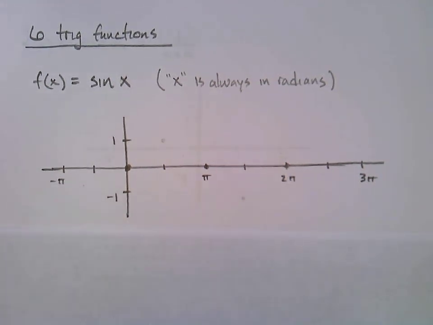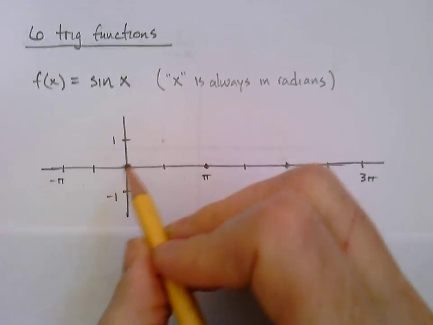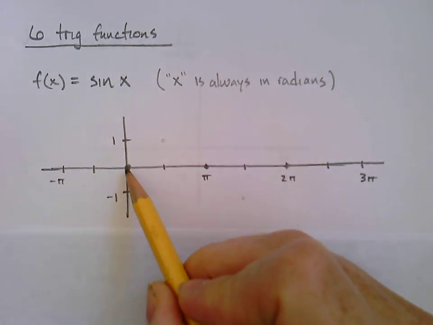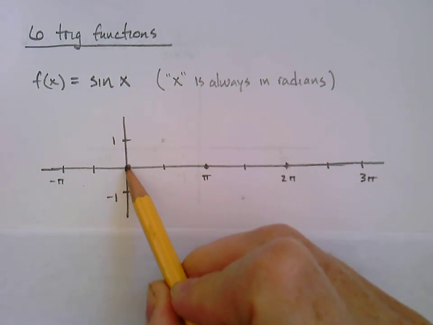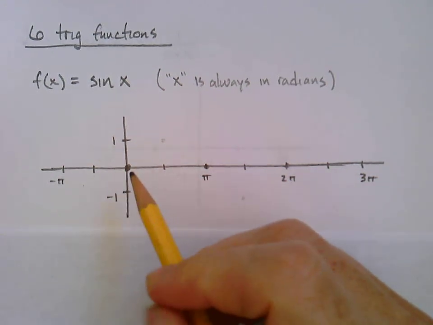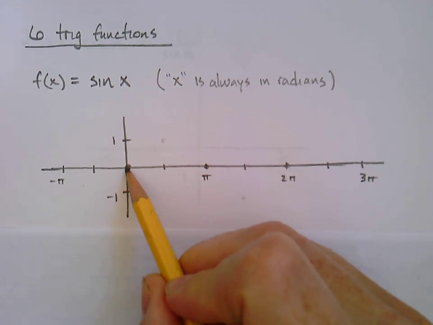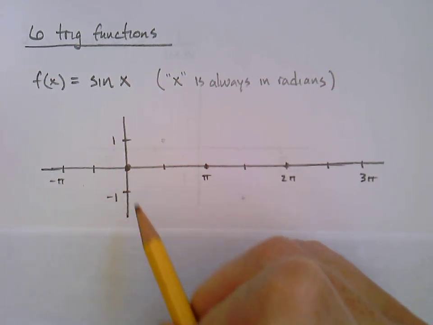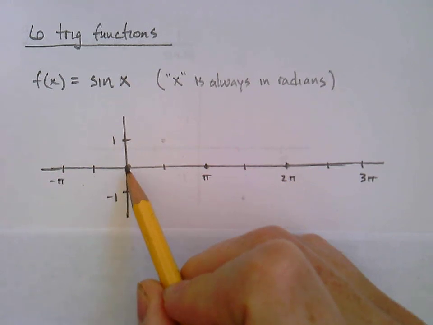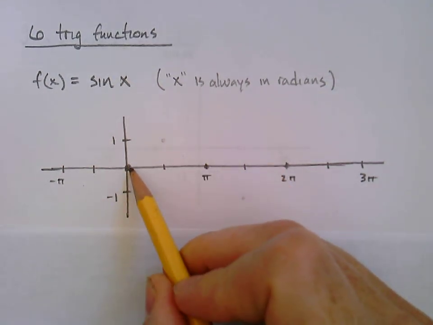So where would be some possible points? And what would this graph look like? It turns out the sine of 0 radians is 0. If we were in class, I would invite you to grab your calculator and type in sine of 0 radians, and it would tell you, yep, that's 0. We can make sense of that with the triangle as well.